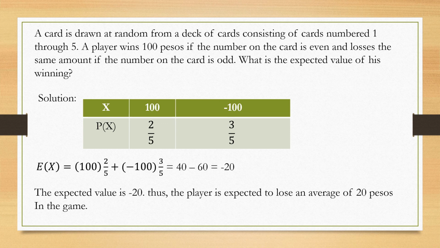Thus, the player is expected to lose an average of 20 pesos in the game. That is expected, because as you observe, the probability of losing is greater than the probability of winning, considering that there are more odd numbers from 1 to 5 than even numbers. So the probability of losing this kind of game is bigger.